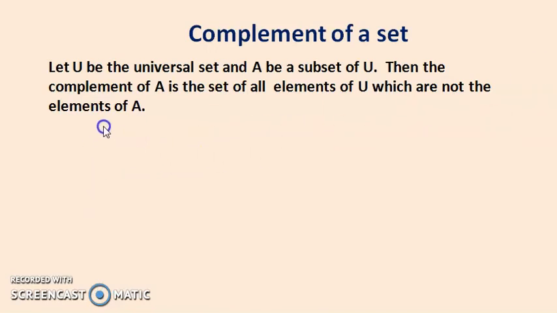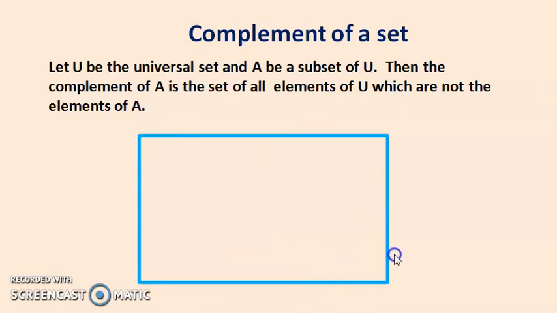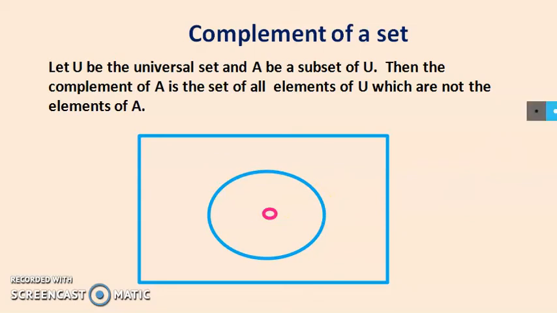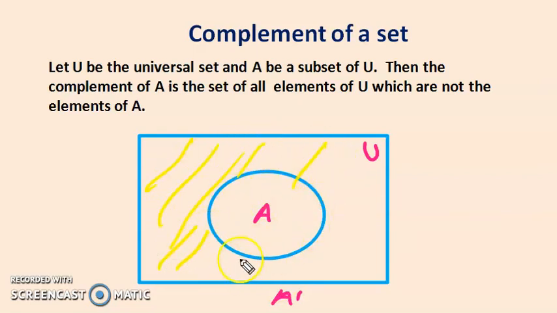For a Venn diagram, the universal set is represented as a rectangular region, and this is your circle, set A. To represent A dash, it is enough if we shade the region other than A. When we shade outside the set A, this is called A dash.